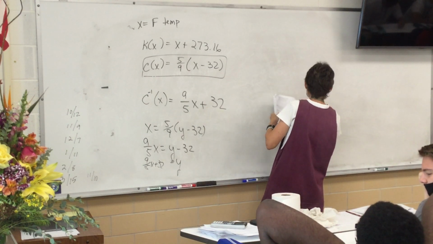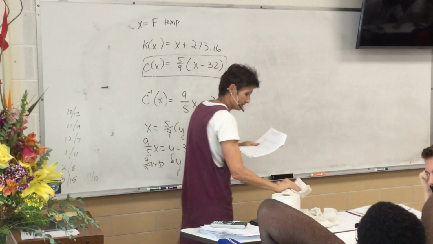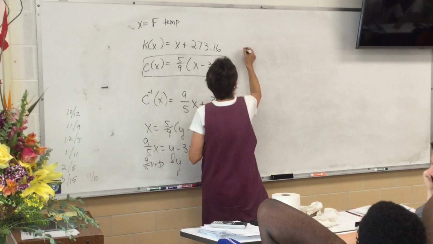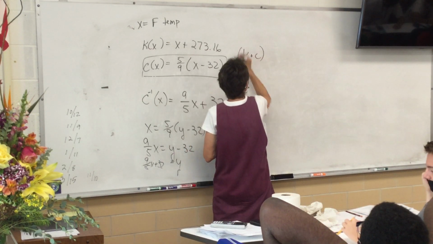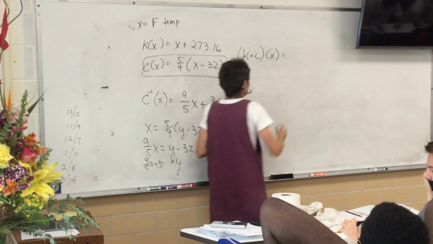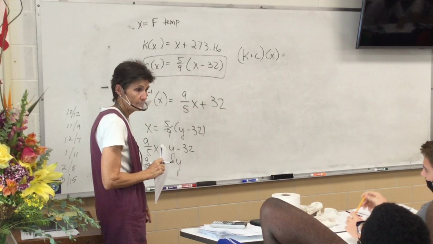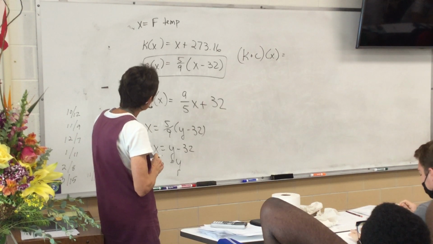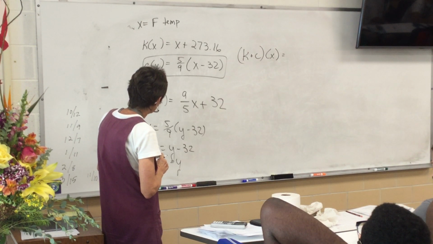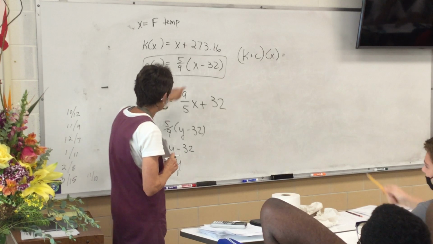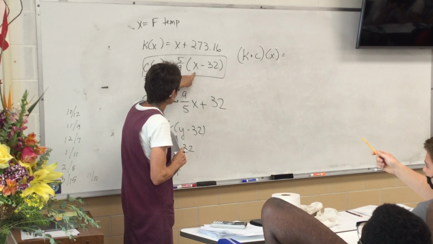Now, find the composition K of C. Like on that, it had both of them in parentheses, and it had the x minus 32 in parentheses. So wouldn't the 5/9 distribute?